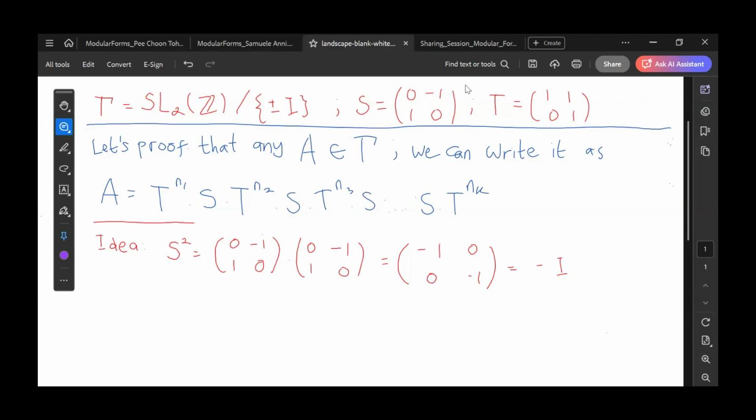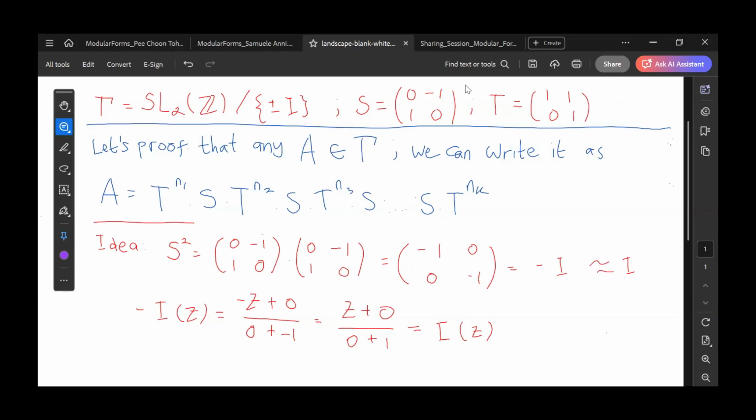But if we look at the function that we have defined, we know that minus E of z is (-z plus 0) over (0 plus -1), which is the same as (z plus 0) over (0 plus 1), which is the same as the identity of z. So basically, minus E and E in the function are the same.